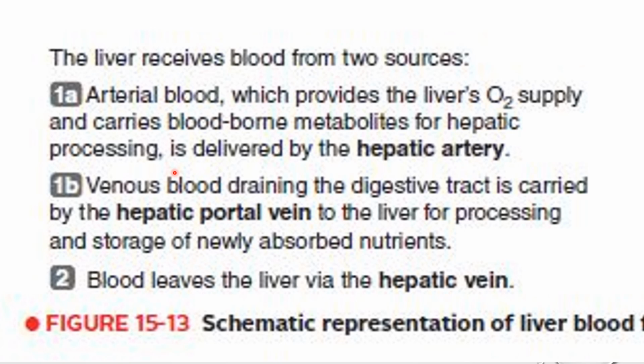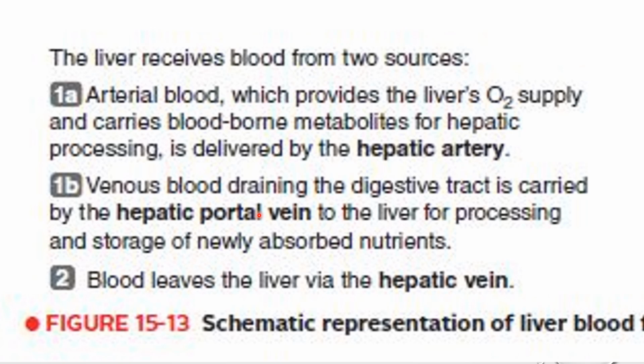From there it is carried by the portal vein to the liver for processing and storage of newly absorbed nutrients. The mesenteric veins collect the nutrients from the gastrointestinal tract, and bring all those nutrients to the liver through the portal vein.